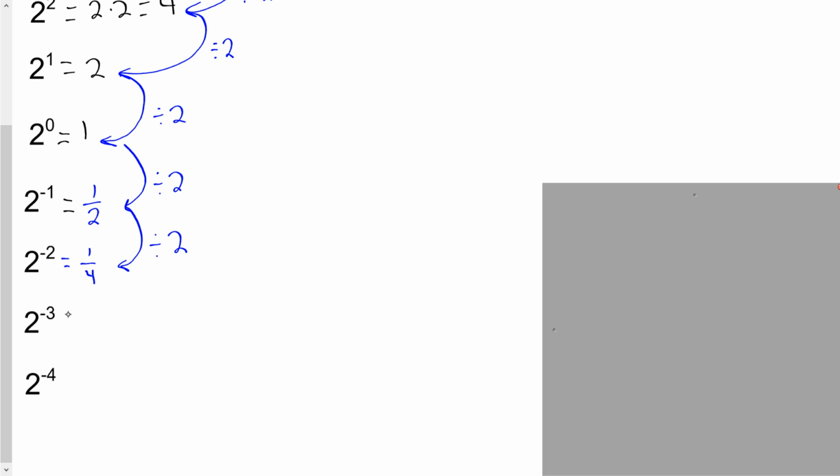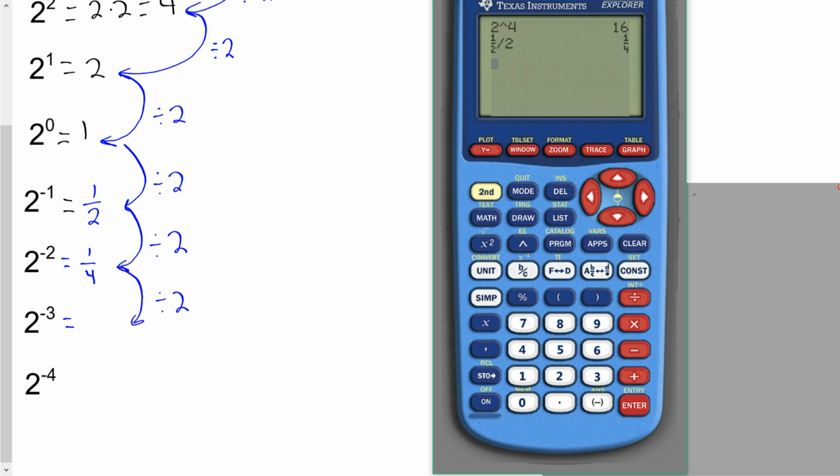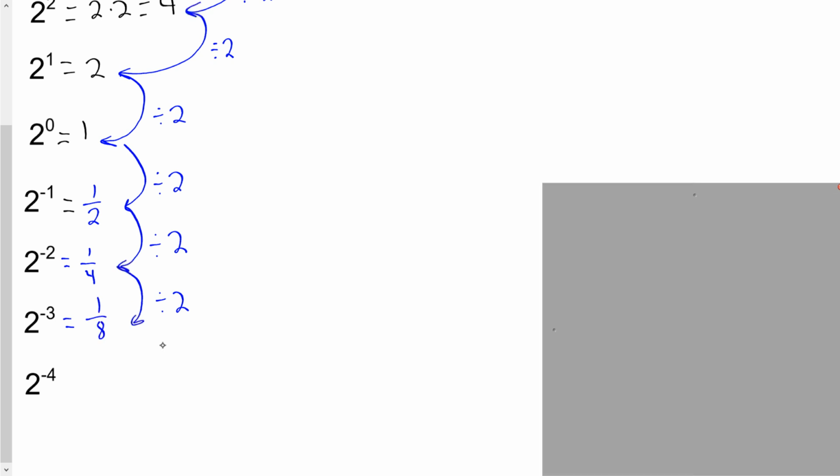2 to the negative 3rd power, divide by 2 again. 1/4 divided by 2 is 1/8. I believe, yeah, 1/8. And then divide by 2 again to find 2 to the negative 4th power, which is going to give me 1/16.